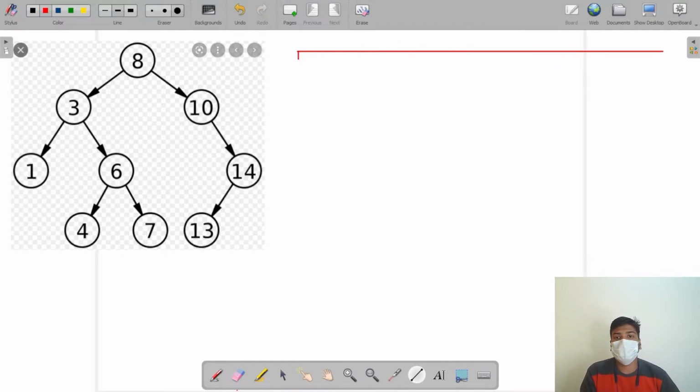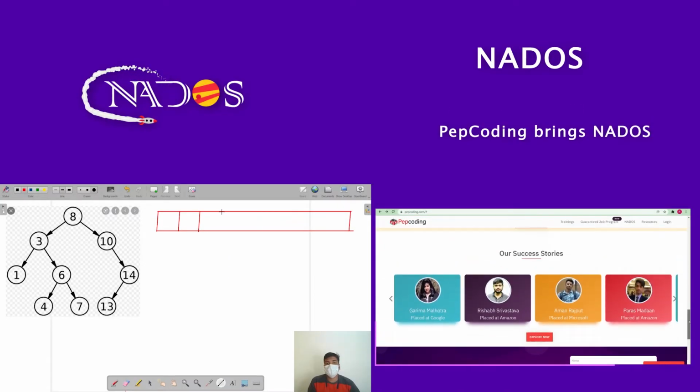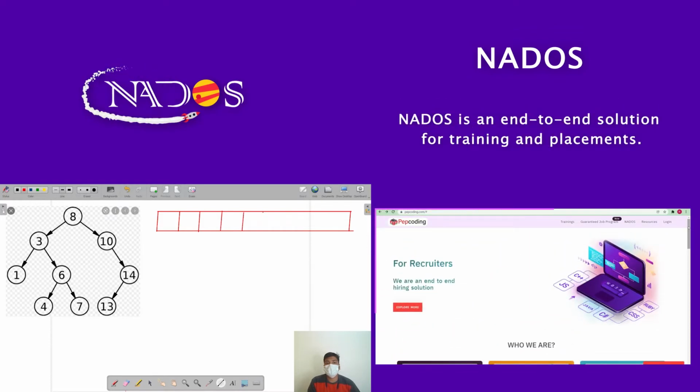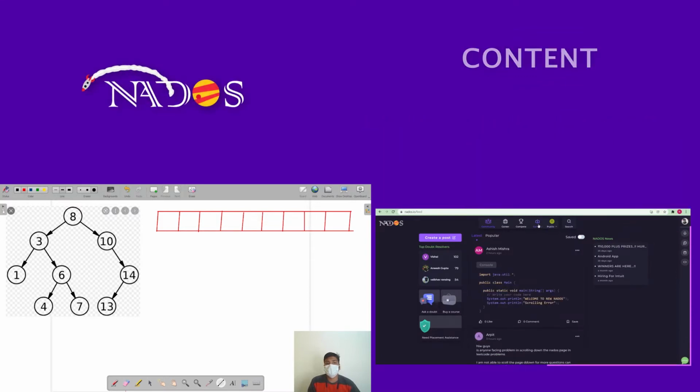Here we have an array, and we will write the in order of this BST in this array. First, second, third, fourth, fifth, sixth, seventh, eighth, and ninth.